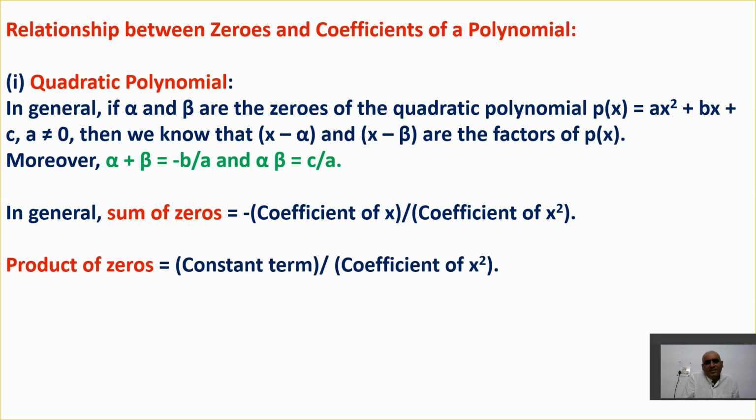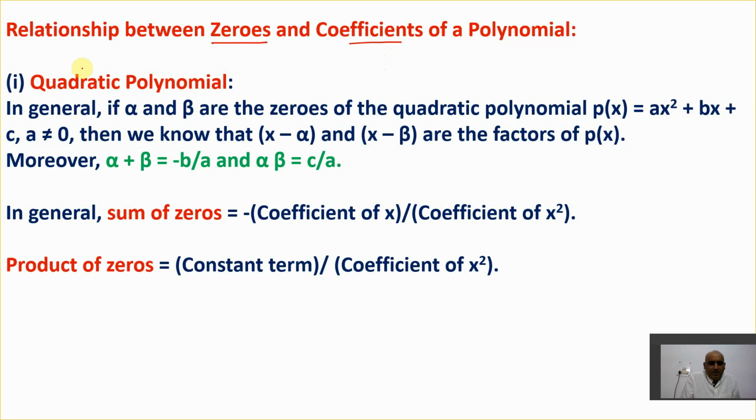Now come towards the next concept. The next concept here is the relationship between zeros and coefficients of a polynomial. So we have understood the concept of zeros of a polynomial. Now we need to find the relationship between zeros and coefficients. It is actually nothing.